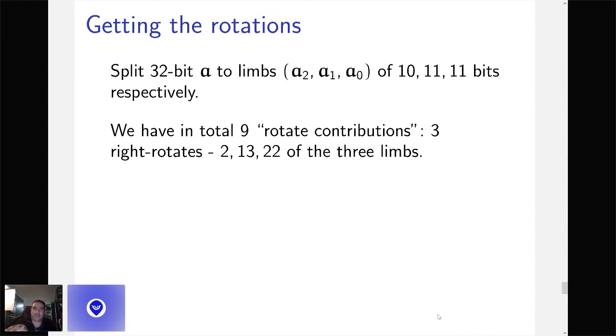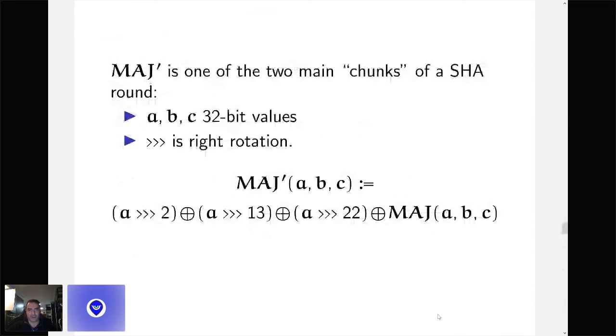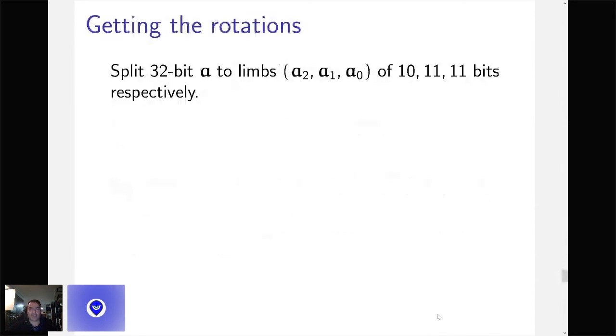So we can think of it as having these 9 rotation contributions we need to add up, because we have these 3 limbs, and each one under each rotation contributes something to this terrible thing.